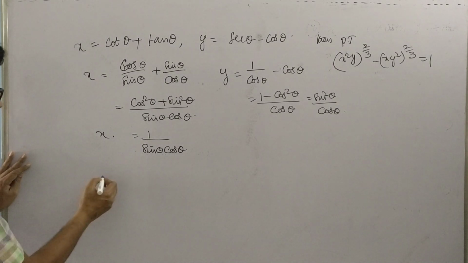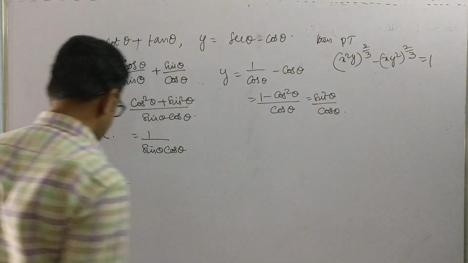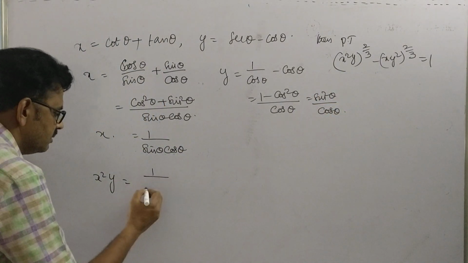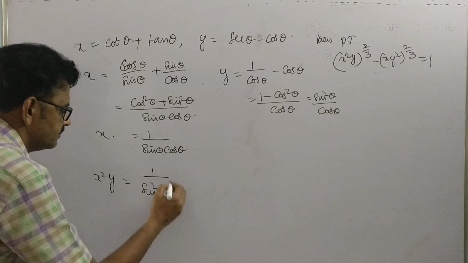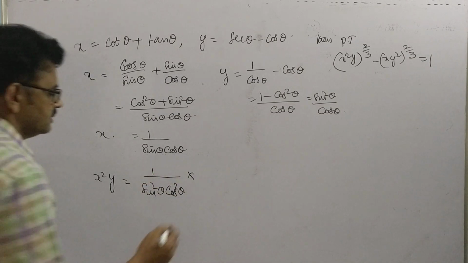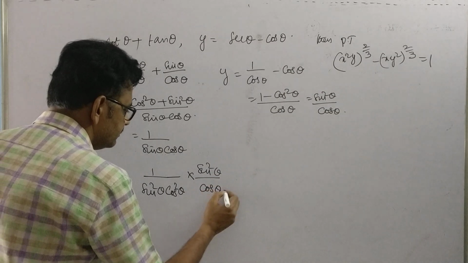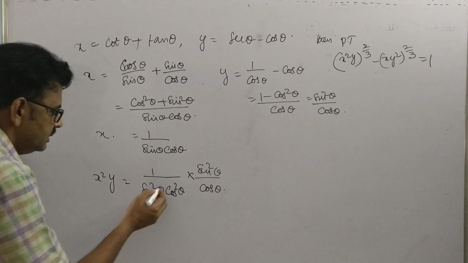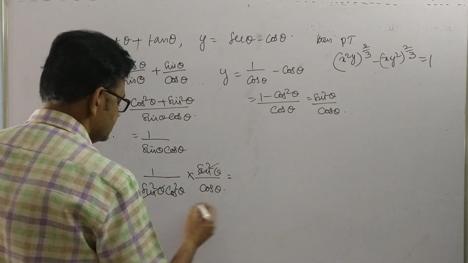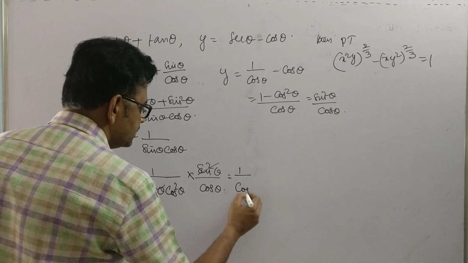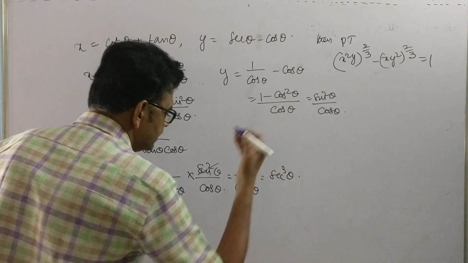Now we have to show that this x square y, x square is 1 by sin square theta into cos square theta, where y is sin square theta by cos theta. So these get cancelled, and this is 1 by cos cube theta, that is equal to secant cube theta.